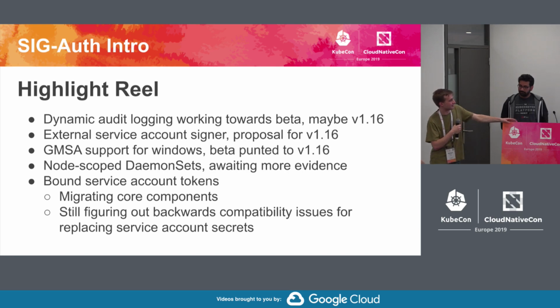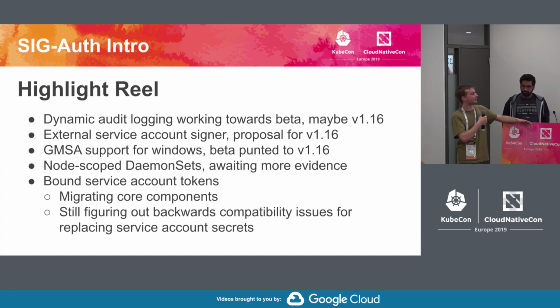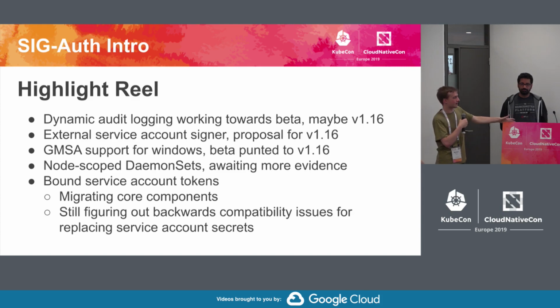For example, Calico might need to write to pod statuses for pods running on the node, or the node problem detector might need to write to node status. So this is actually a solved problem for node identities. The node authorizer and node restriction admission controller will constrain the kubelet so that it can only write to pods or PVs or service accounts that are reachable in the object graph.